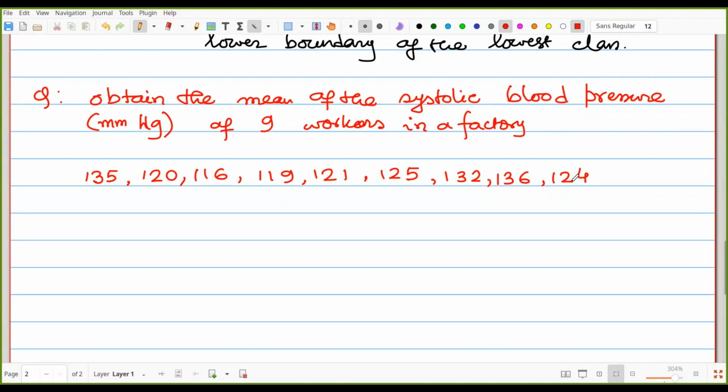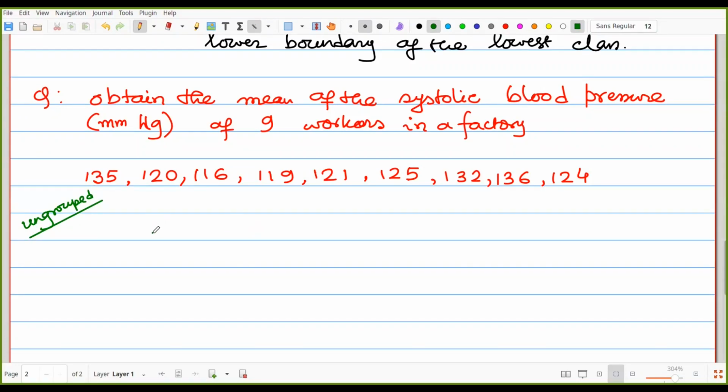Now, when we are thinking about the mean, we are not thinking about the range at first. Here the data is ungrouped, so no problem.